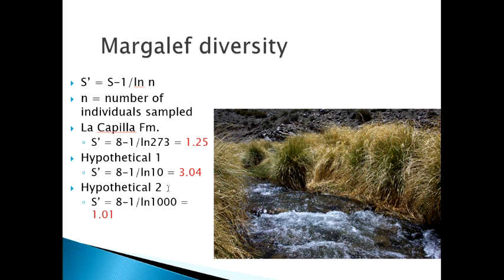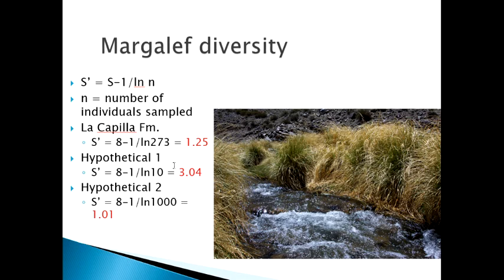But when you consider the different level of sampling, 1,000 individuals collected versus 10 individuals collected versus the reality, 273 individuals collected, you see that if I just sat there and only collected 10 things and got that 8, it's very likely that if I did collect more, if I collected 273, or if I collected 1,000, I would get something higher.